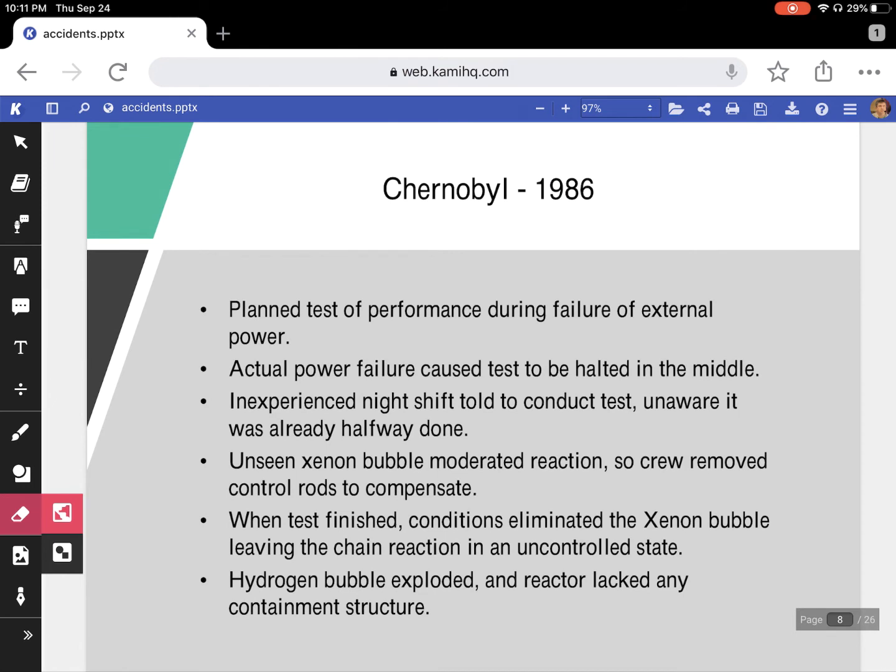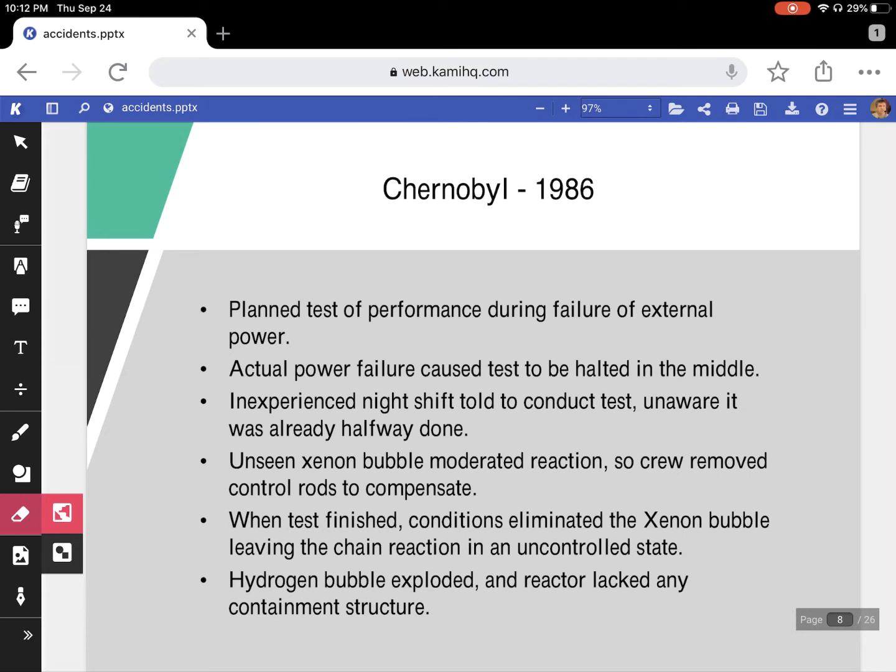Another case of a planned test of backup systems. And during the test of their backup power, the power actually went out. So the actual power failure caused the test to be halted in the middle.